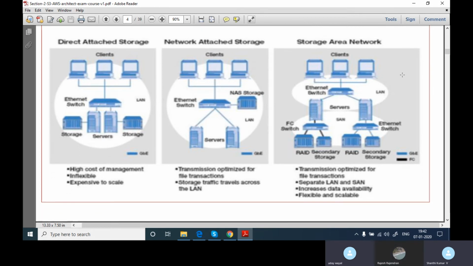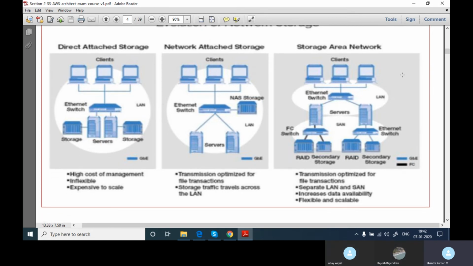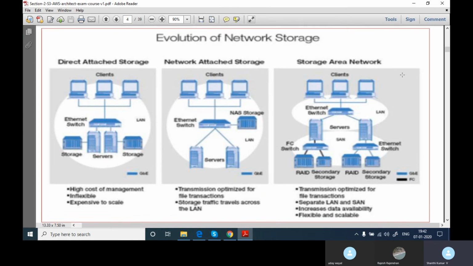Let me move on. The reason for giving this diagram is that you people will be asked to push data into S3 or Glacier. S3 has object life cycle, and they need to divide the files into different slots: immediate access, frequent access, infrequent access, such kinds of categories.